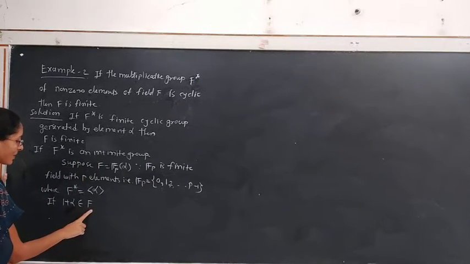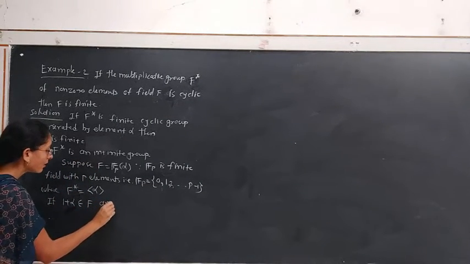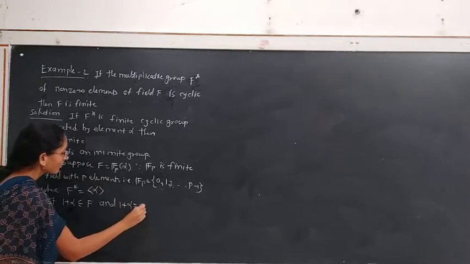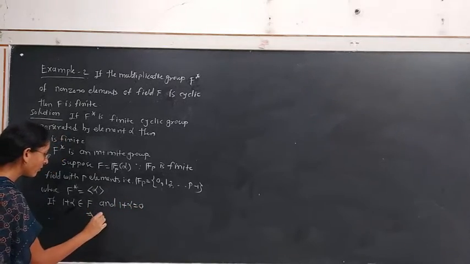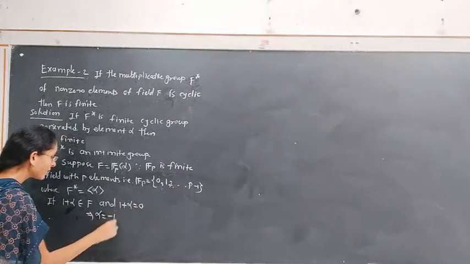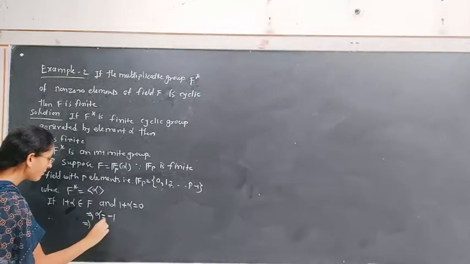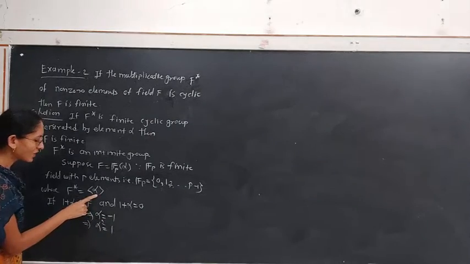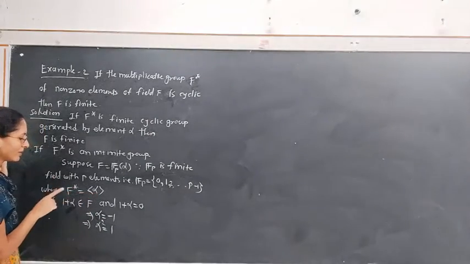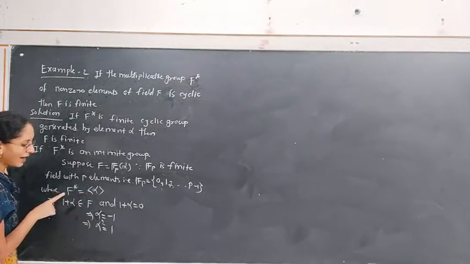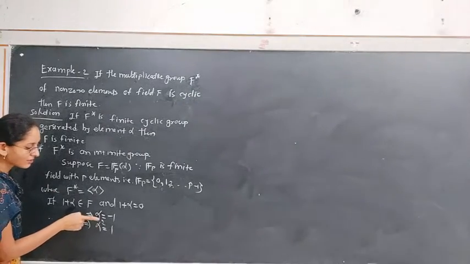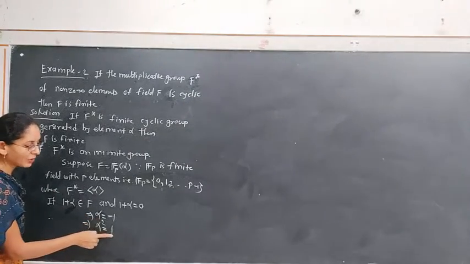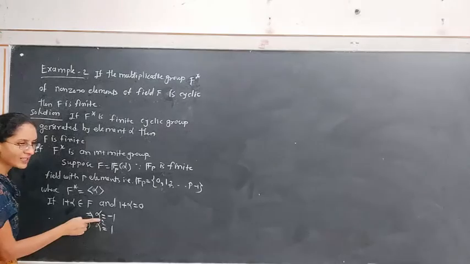If 1 plus alpha belongs to F and 1 plus alpha equals 0, this gives alpha equal to minus 1, hence alpha square is equal to 1. What is alpha? Alpha is the generator of group F star, and alpha square equal to 1 means the order of the element alpha is 2.